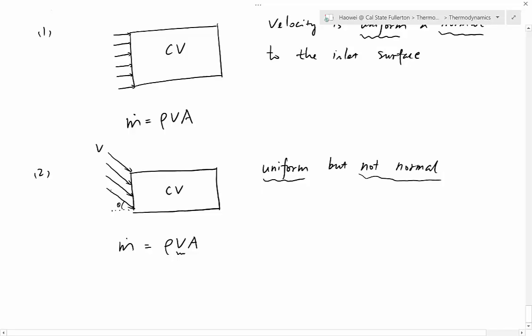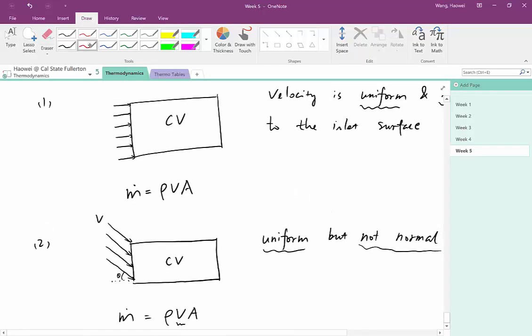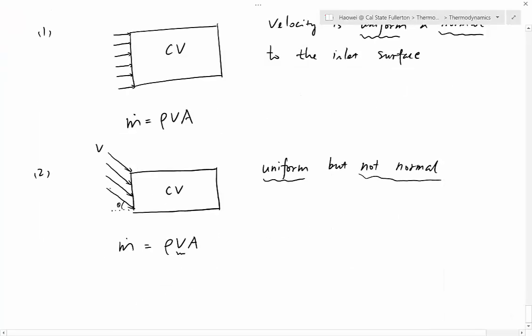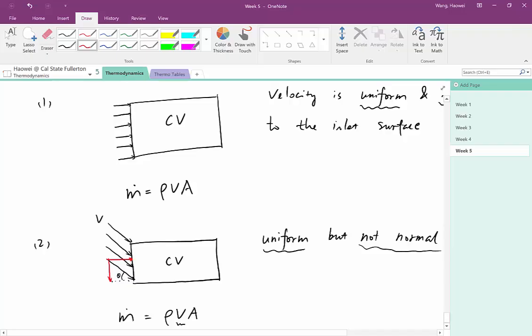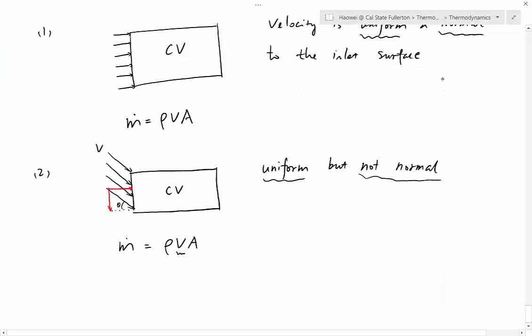You separate the velocity into two components. The first component is the horizontal component, and the second component is the perpendicular component. And which component is actually going into the control volume? The horizontal one. So the velocity you should use here is not V, but the horizontal component. Okay, so now let's go back to the notes.